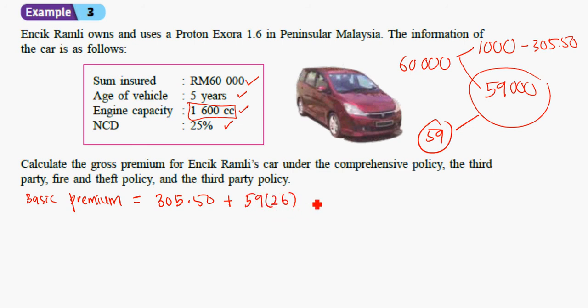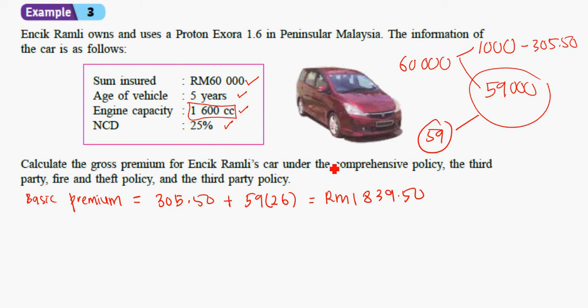So you calculate 305.5 plus 59 bracket 26. The basic premium is 1,839 ringgit 50 cent. This is the basic premium.